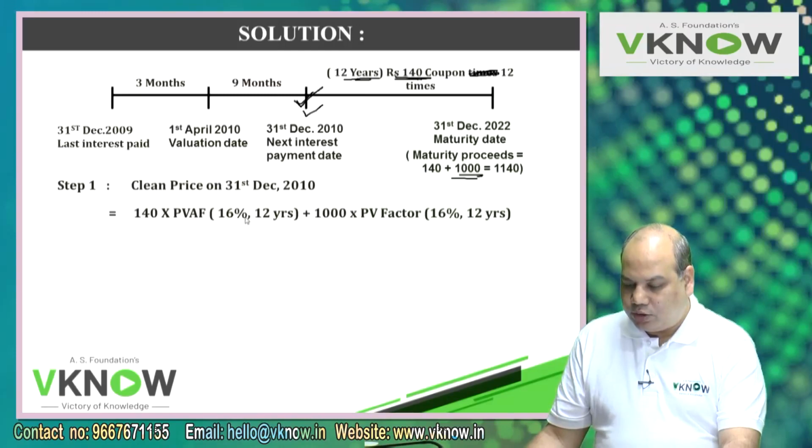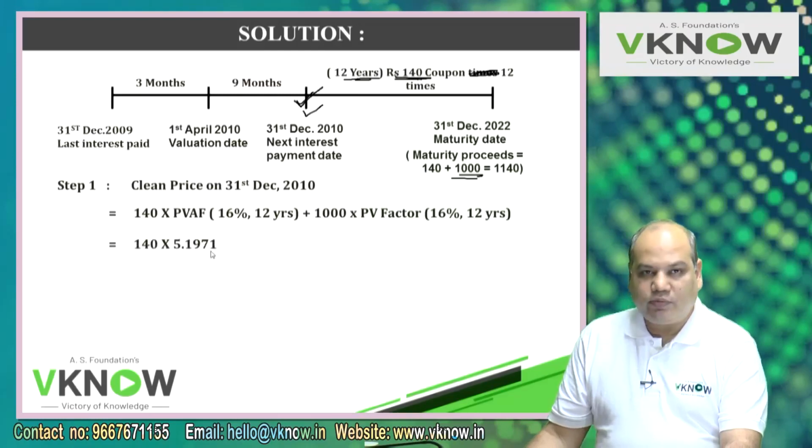So first you calculate the annuity factor on your calculator. 1 divided by 1.16 equal to 12 times. Press GT function. So you will get, I think, 5.1971. This is the annuity factor for 16% 12 years.